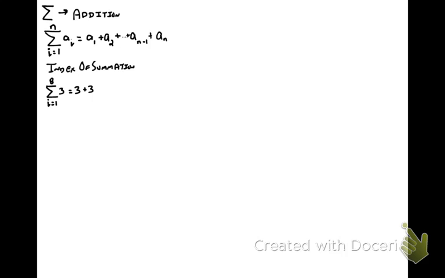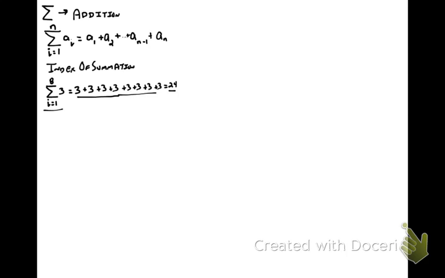So there's term number 2, term number 3, number 4, number 5, number 6, number 7, and number 8. And so the sum is 24. So we have 3 different ways of expressing this sum. So that's what that means.